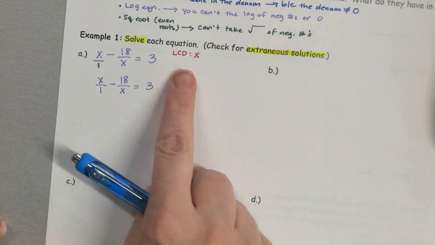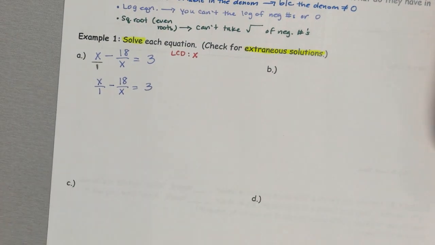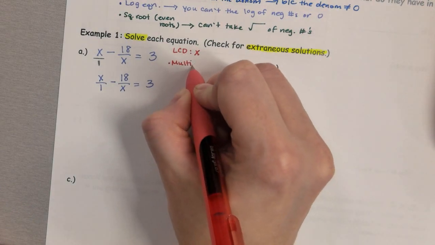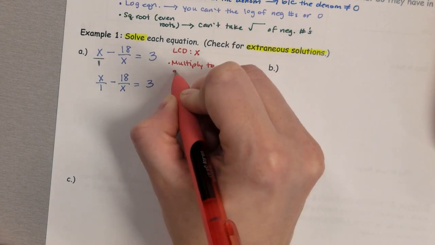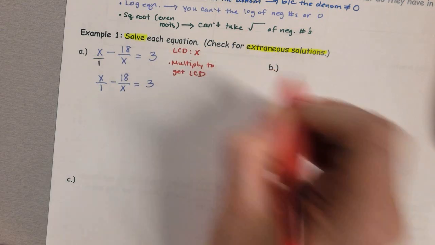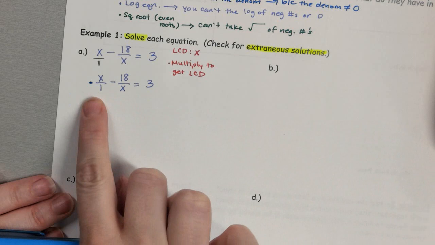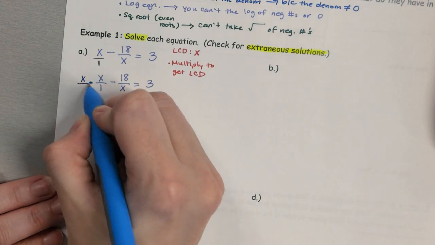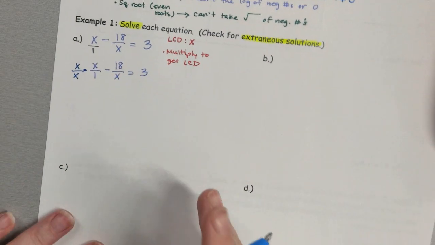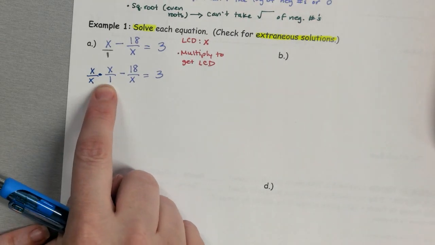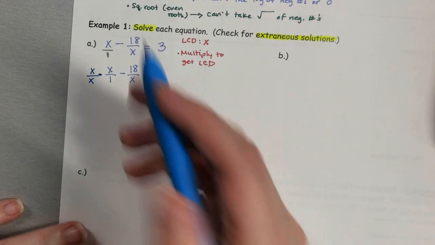And then to get the LCD, we have to multiply. Because this one already has the LCD, you only have to multiply this one by x over x. So we've done this before, right? So x times x is going to give you what?